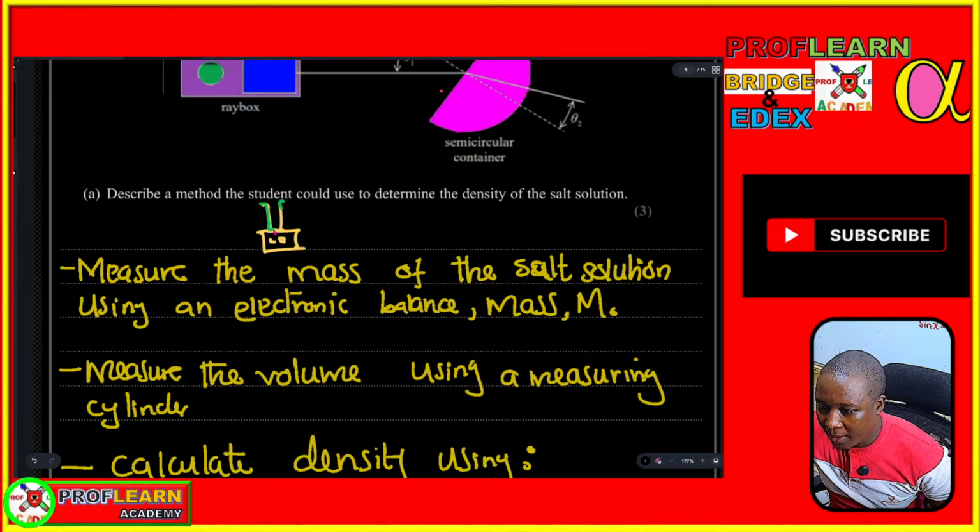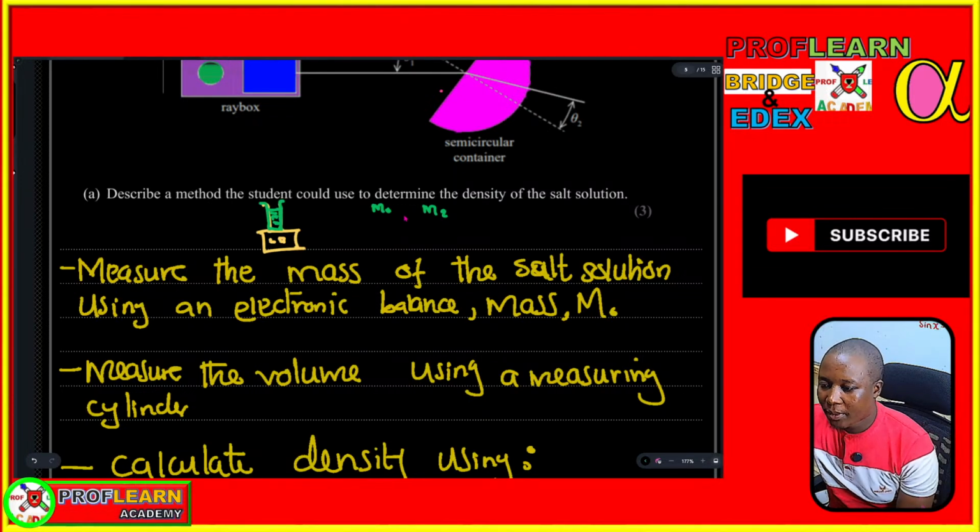So the student could measure the mass of the empty measuring cylinder and record the reading. Maybe that is M naught, and then put some liquid salt solution in the measuring cylinder, and that will be M2. So for you to get the mass of the liquid, you need to subtract the two. So that's how the experiment can be carried out.